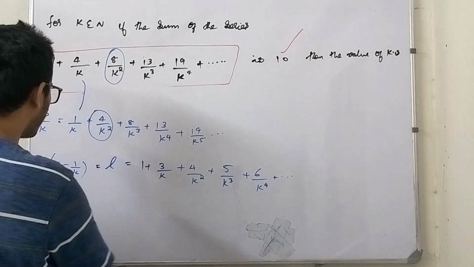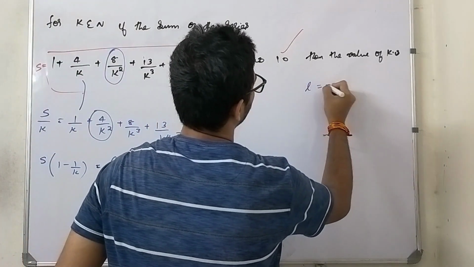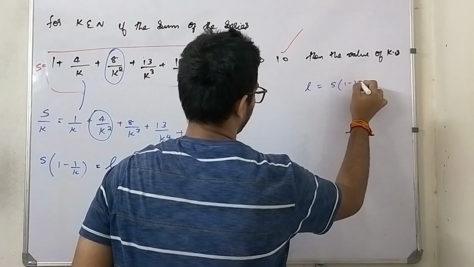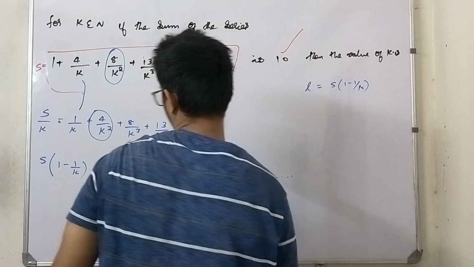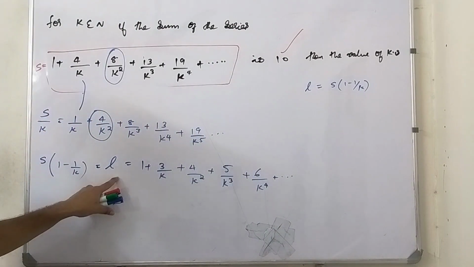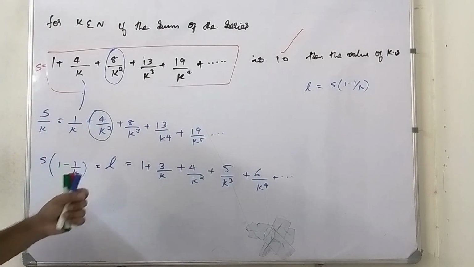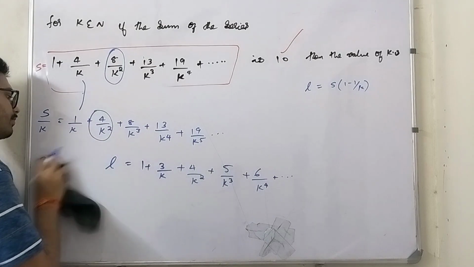Now, I am separately writing L equal to S into 1 minus 1 by k.